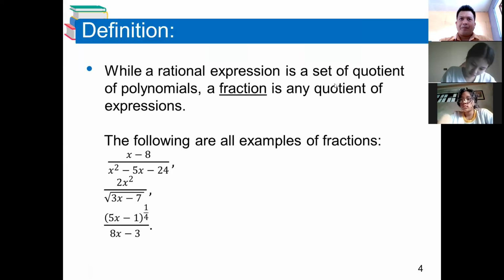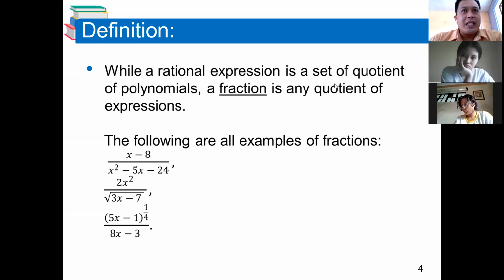For example, we have examples number 1, 2, 3. x minus 8 all over x squared minus 5x minus 24. The second example, you have 2x squared all over the square root of 3x minus 7. The third example, we have the quantity 5x minus 1 raised to the power of 1/4 all over 8x minus 3. So of the three expressions, which are rational expressions and which are not?